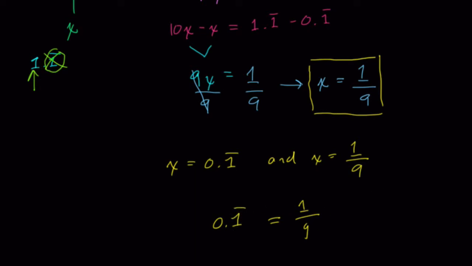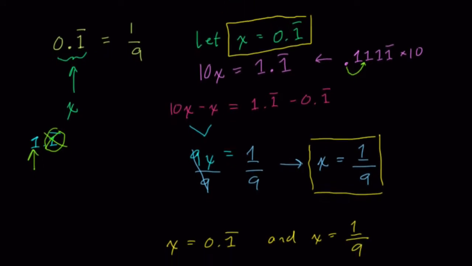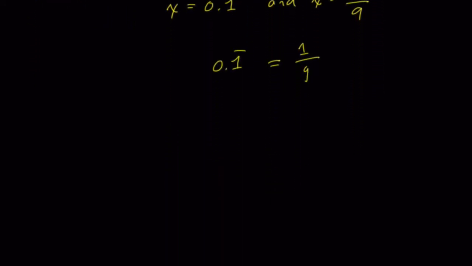And this proof can be adjusted. Here we multiplied x by 10 because we had a 1-digit repeating sequence. Well, what if we gave you, I don't know, 0.23 repeating, right? So here the 2 and the 3 are repeating. Well, what fraction does this equal, right? And how can we prove it?